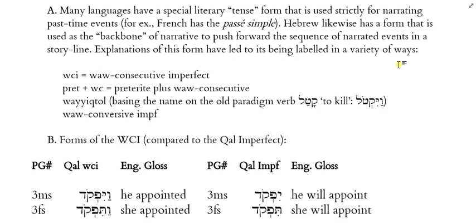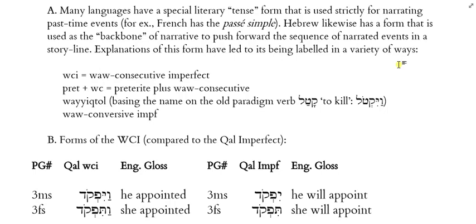When you add the special Vav pointing to the form yiktol to make it Vayiktol, then that's where this name comes from. So rather than calling it a Vav consecutive, which is what a lot of people dispute, whether there really is such a notion as Vav consecutive, they just prefer to call it a Vayiktol form and cut the Gordian knot and not use a label that may be inaccurate.